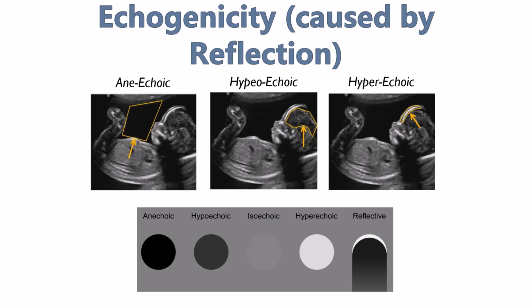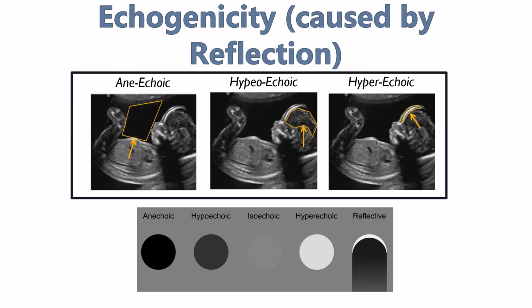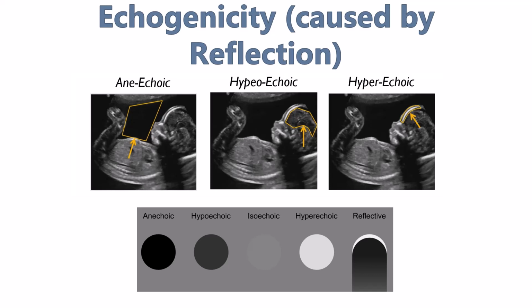And we can see the terms anechoic, hypoechoic, isoechoic, hyperechoic, and reflective. These are all the densities that you can see on your ultrasound monitor. And above we see a fetus, and in each area we show the difference between anechoic, hypoechoic, and hyperechoic.